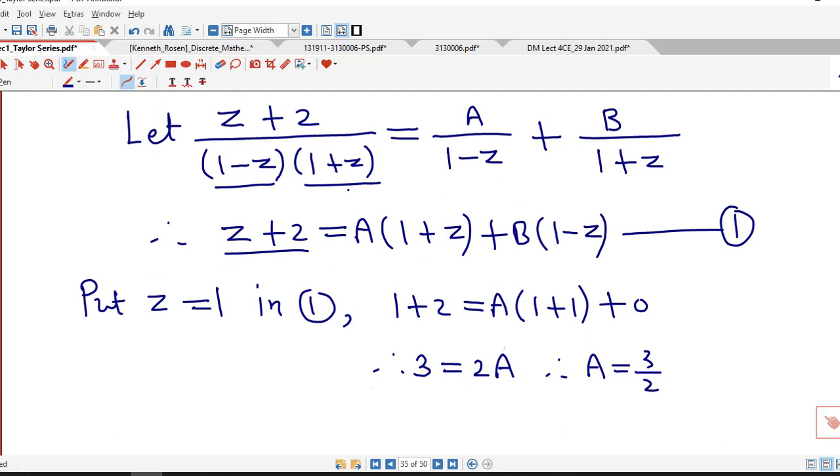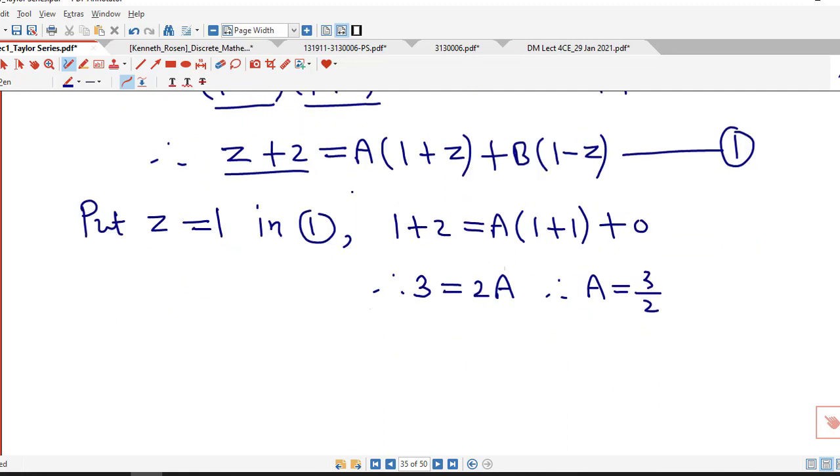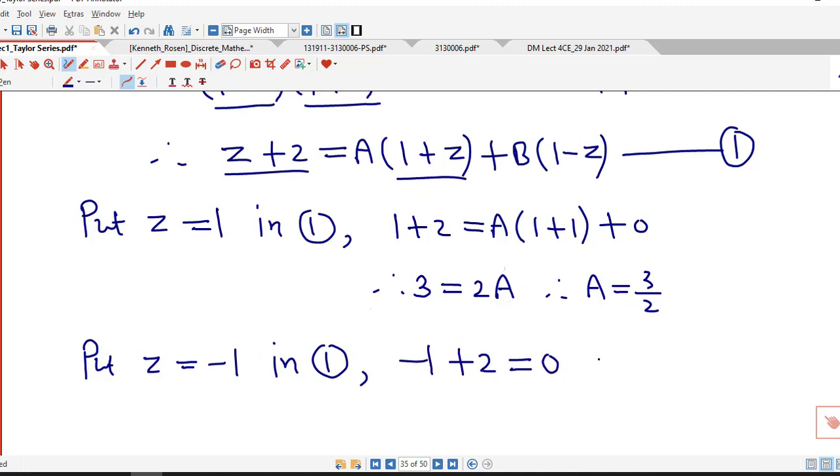Similarly, 1 plus z is 0 if z equal to minus 1. So now we put z equal to minus 1 in equation 1. The left hand side is minus 1 plus 2, which is 1, and on the right, a times (minus 1 plus 1) is 0, and b into (1 minus (minus 1)), that is 1 plus 1, so we have 2 times b.